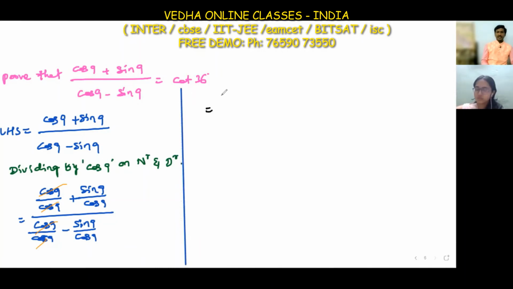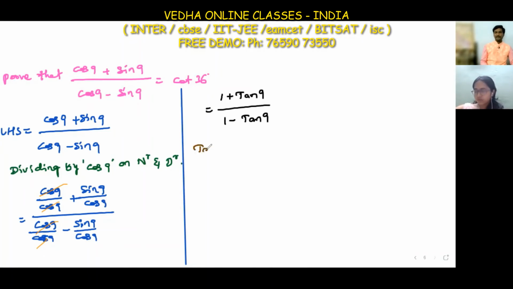Then we get 1 plus sin by cos, which is tan, so 1 plus tan 9 divided by 1 minus tan 9. We have the formula tan of 45 plus theta, or the tan A plus B formula: 1 plus tan theta divided by 1 minus tan theta.